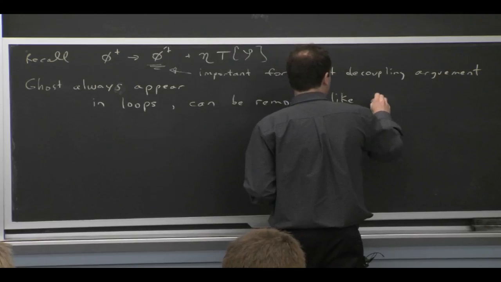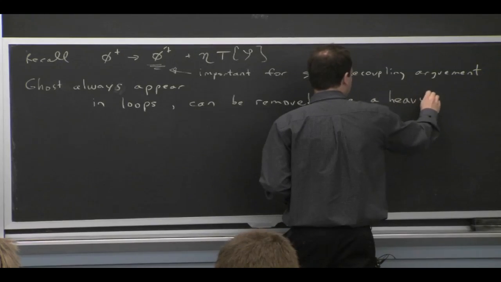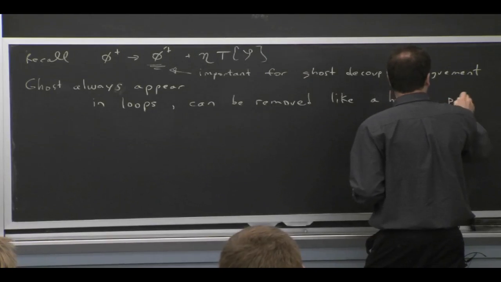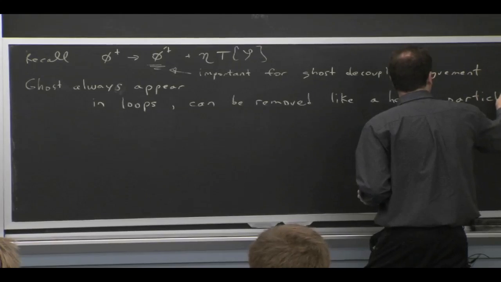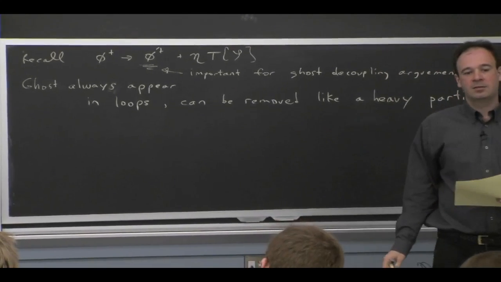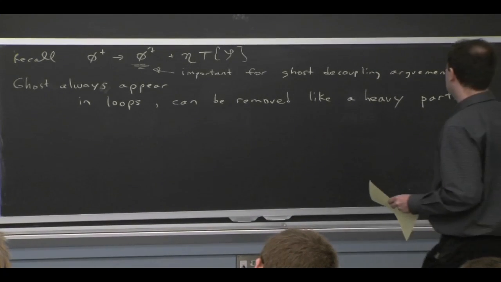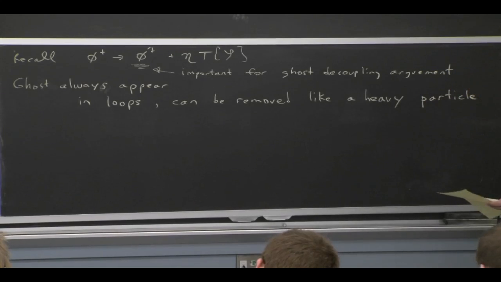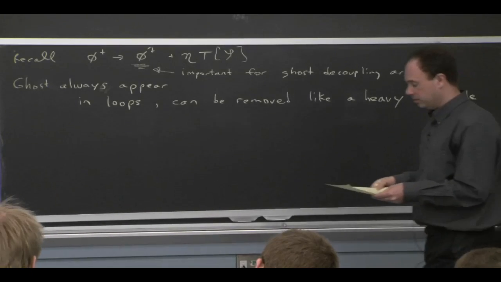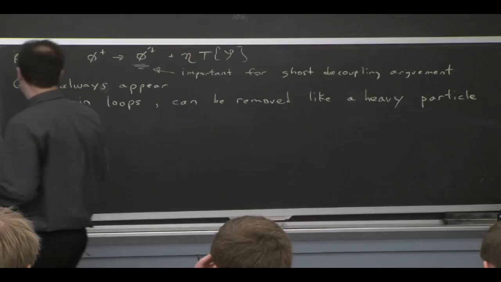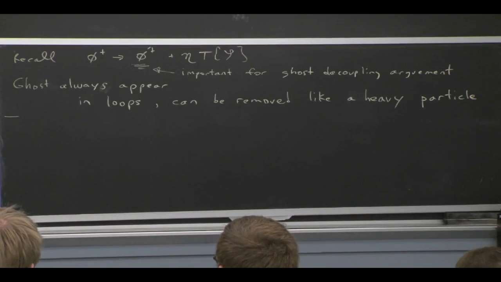So it's just like a heavy particle that you would remove from the theory that would only appear in loops. And we're going to discuss exactly how that works and how to remove heavy particles that appear in loops in detail a little bit later. So for now, that's enough detail for number 2. So are there any questions about that?